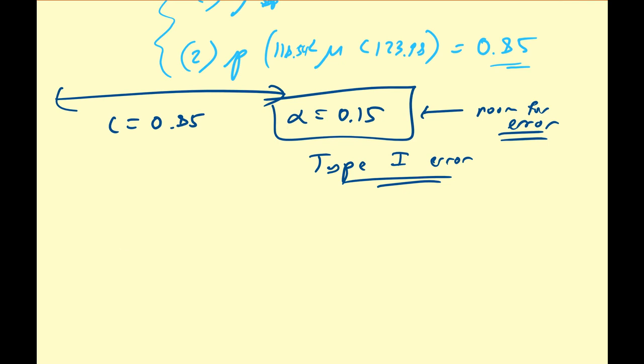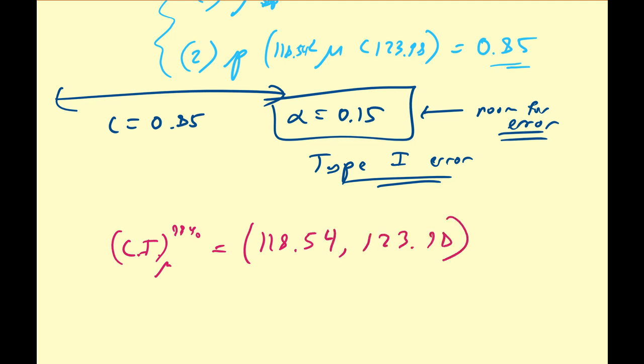So I have a confidence interval for the population mean, and that confidence interval came out to 118.54 and 123.98. Let us assume the null hypothesis that somebody says the mu systolic blood pressure was actually equal to 125.